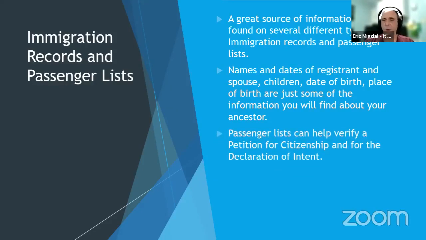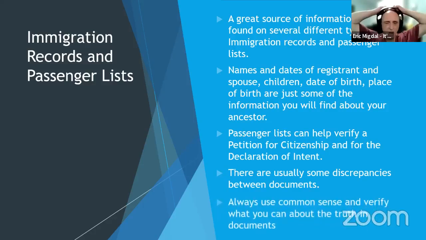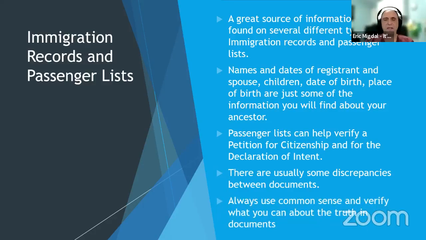Passenger lists can help verify a petition for citizenship and for declaration of intent, letting the government know that a person wants to be a citizen of the United States. There are usually some discrepancies between all documents. Always use common sense and verify what you can about the truth in the documents.